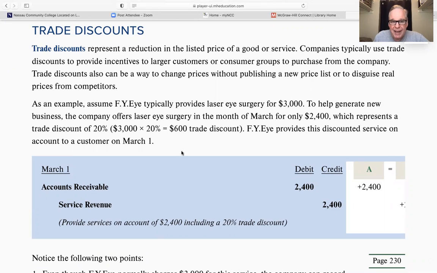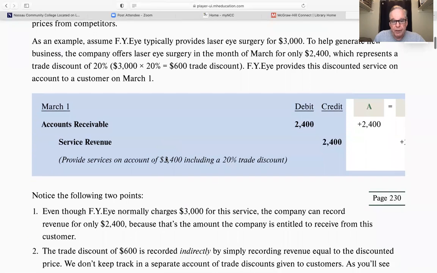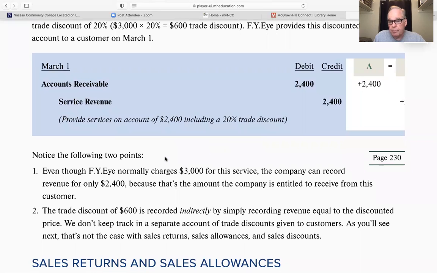So we don't make any kind of journal entry for the trade discount. We'll see later when we're talking about sales discount, we do make a journal entry for that. But for trade discounts, no, it's just a reduction in the selling price. One would argue it's just BS, right? That the real cost of the service was $2,400, and that's what they were going to charge you anyway.